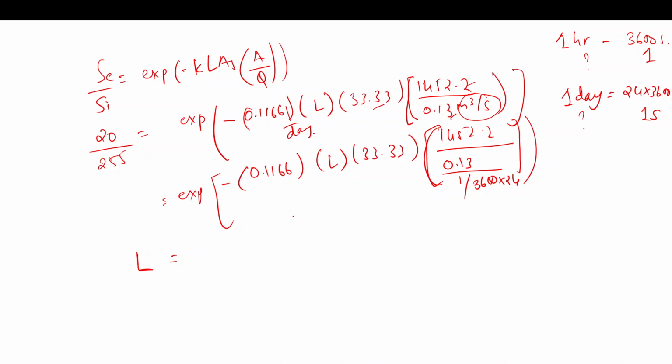So RHS is obtained as, right? T by 5, which is equals to 0.078. Now here there will be L, sorry. So to remove exponential, take logarithm to both the sides.